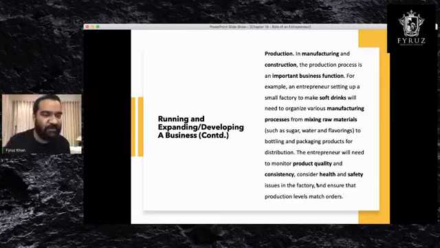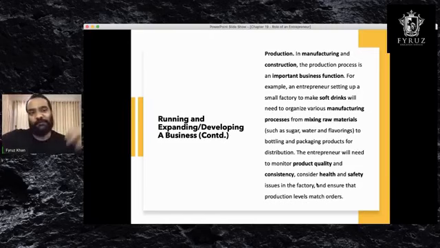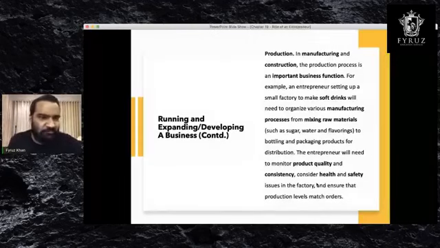In factories there's always a risk of something exploding, so you have to make the environment healthy and safe for everyone. Again, similar things apply to service. If you have any questions, please let me know.